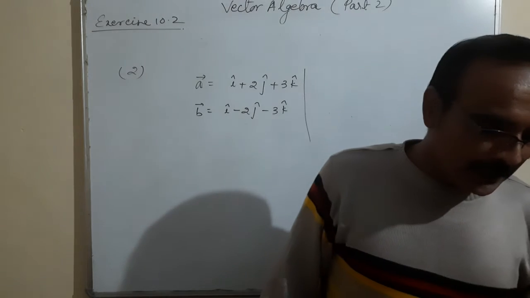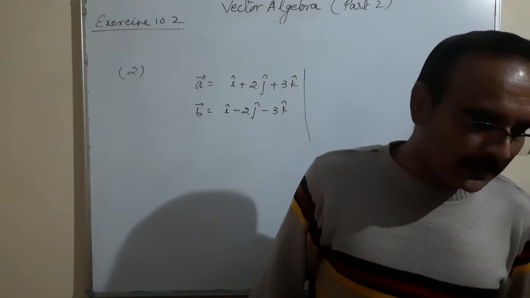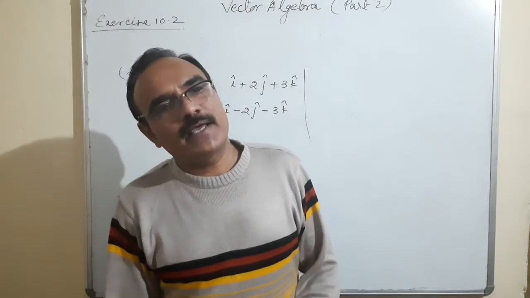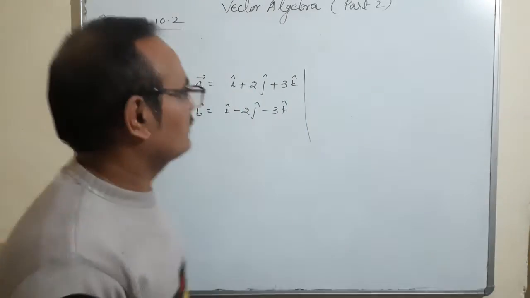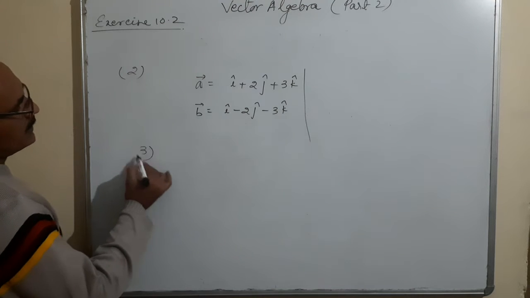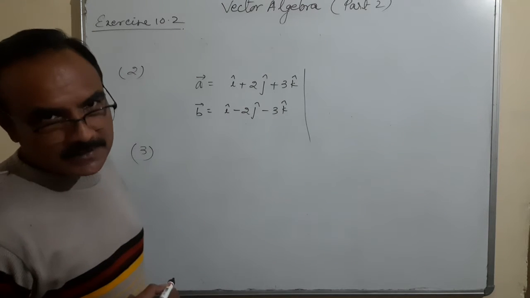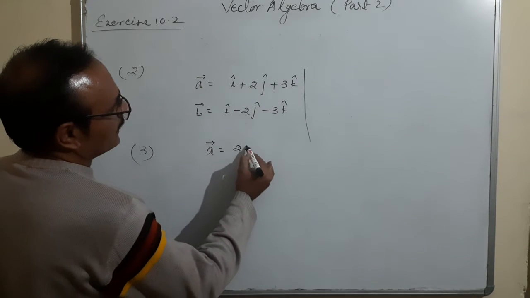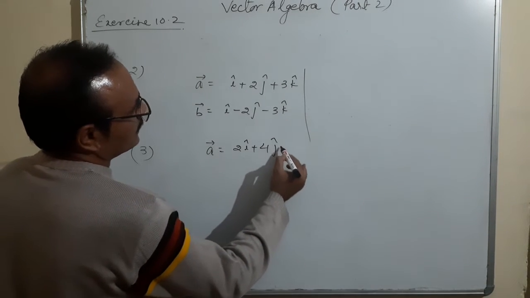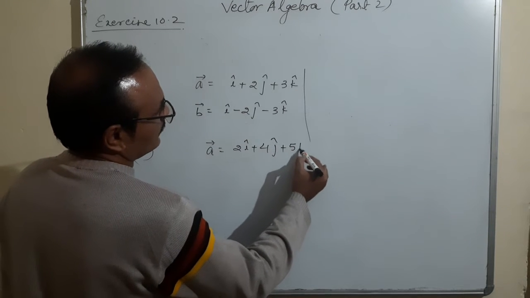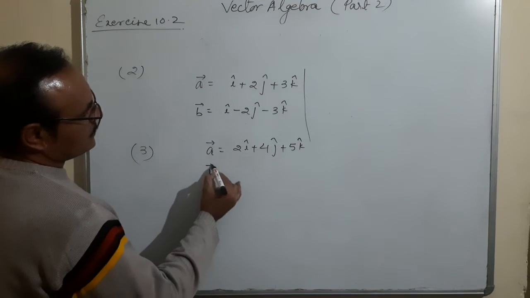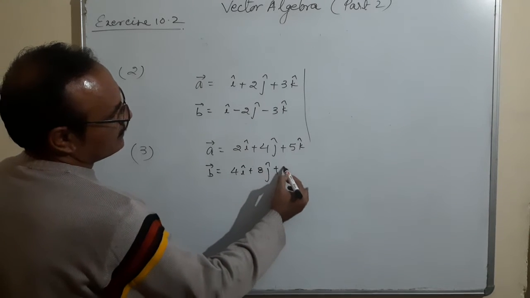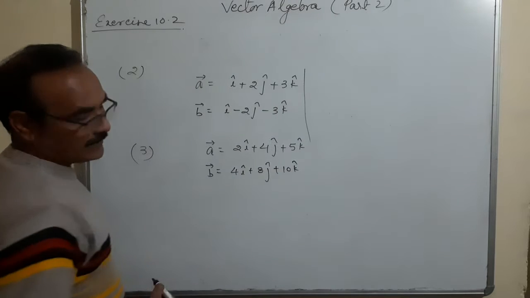Question number 3: they are asking to write two different vectors having the same directions. The vectors are different, their directions are the same. How to identify? Suppose vector A is equal to 2i plus 4j plus 5k. Vector B is equal to 4i plus 8j plus 10k. What I have done is just double of that.